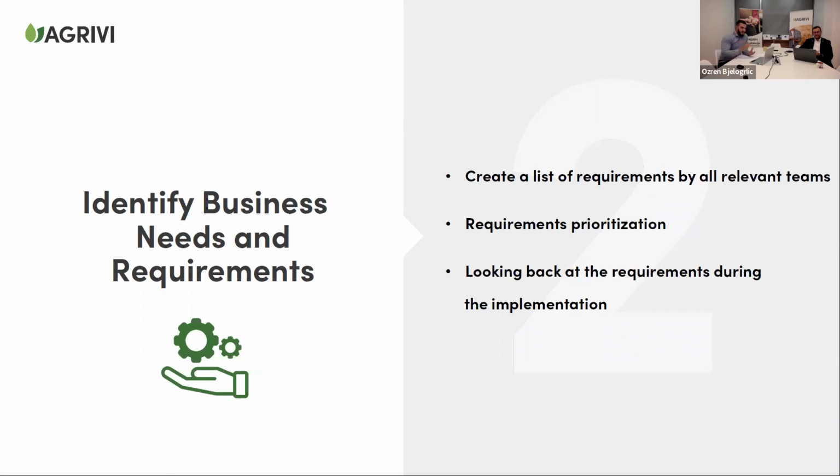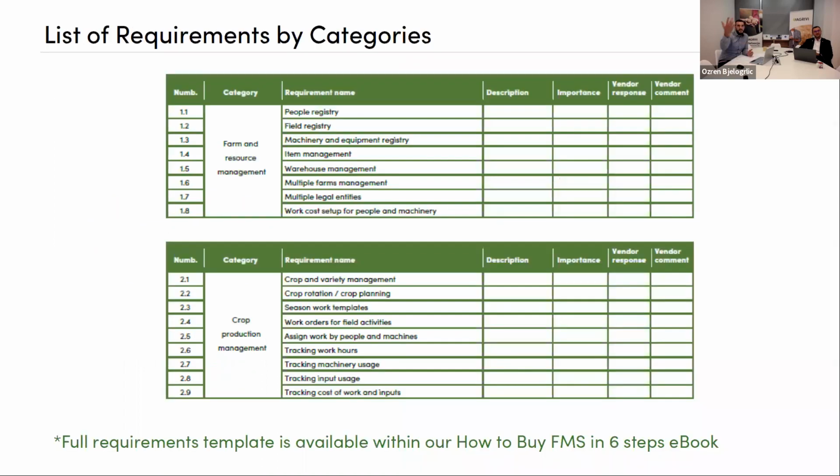All right, so we covered the second step, identifying business needs and requirements. This is the extension of the requirements template that you can categorize. So for example, here you can see the farm and resource management category or crop production management. It can be an analytical category. What do you want to achieve?